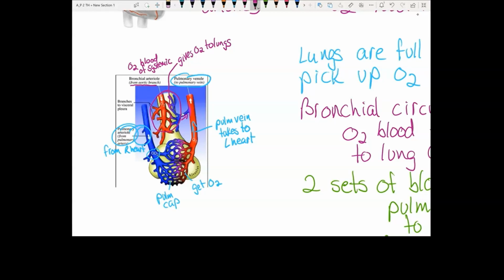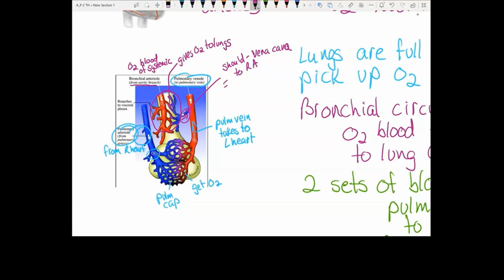So this is kind of a little cheat. So right here, this blood should take a vena cava to the right atrium, because that's what systemic blood does after it has given oxygen.